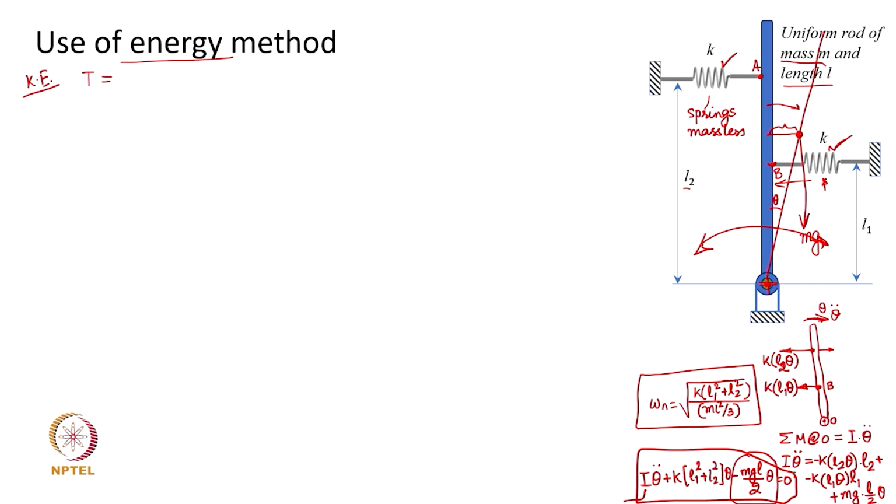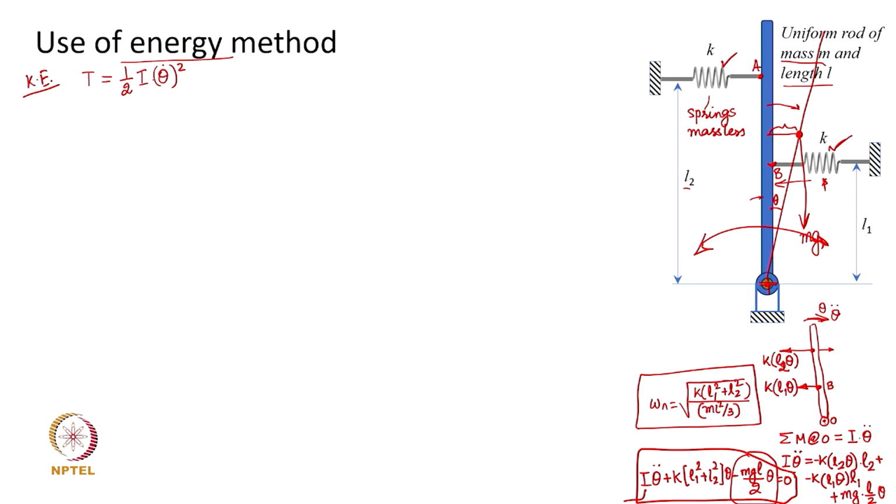But here let us assume the springs massless, and then the kinetic energy expression is based on the kinetic energy stored in the motion of the uniform rod. That obviously is going to be half mass moment of inertia times theta dot whole square, that basically is your kinetic energy expression for the rod.